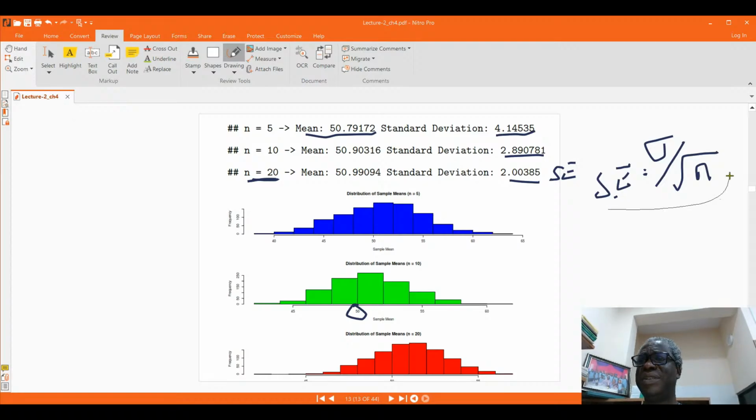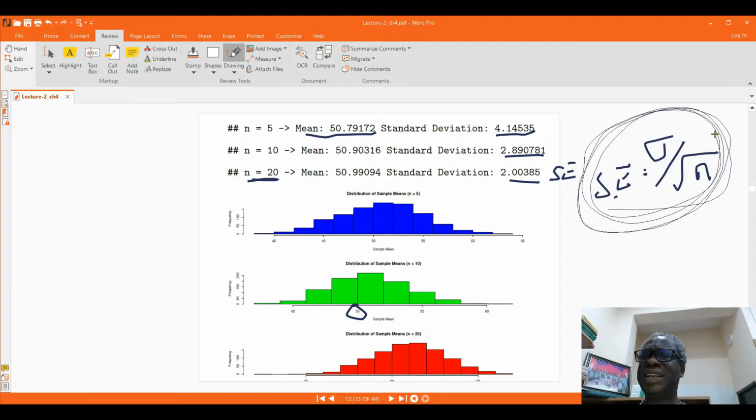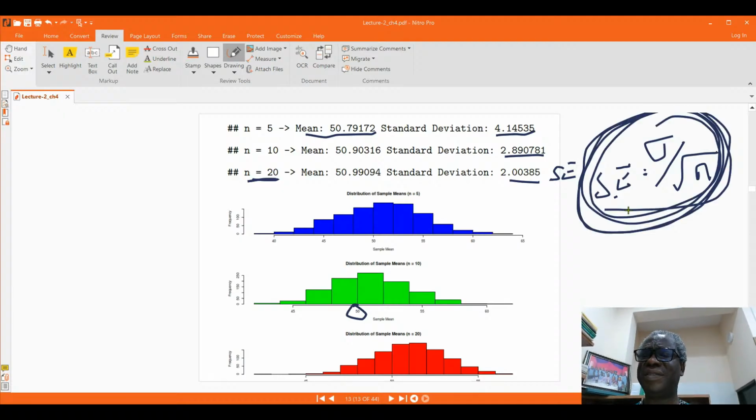That measure, standard error, is a measure of variability.